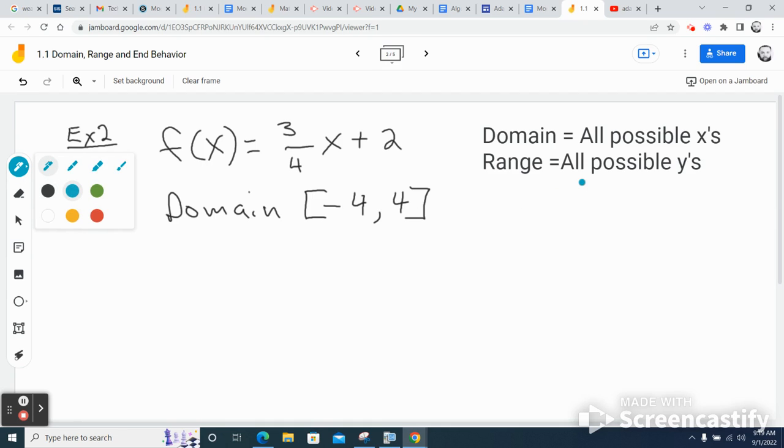So what they're saying is there's a relationship, and you could think of this in terms of this is y and 3/4 x plus 2. So there's a relationship between the x value and the y value.